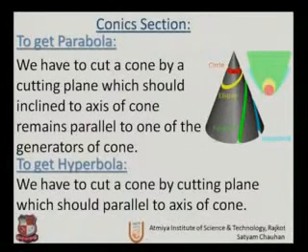This time the axis of our cutting plane will be parallel to the axis of the cone, so both axes are parallel. It looks like we are cutting the cone from the side, cutting a slice of the cone. That shape, or that curve, is called a hyperbola.